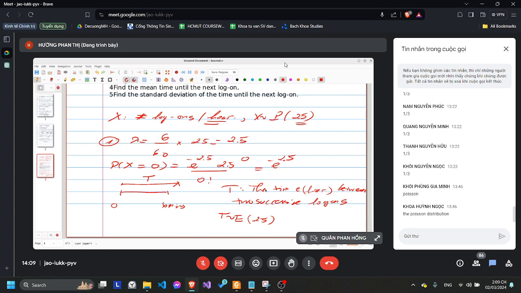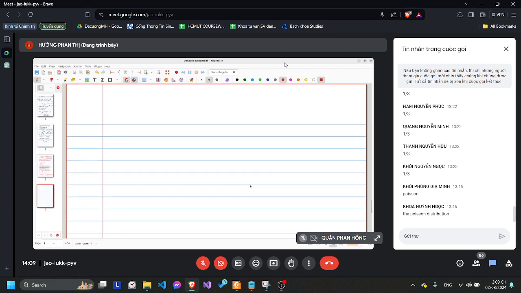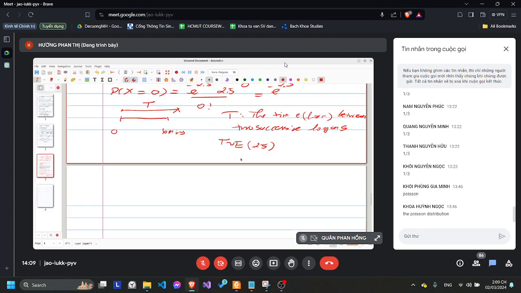Now, T is much greater than 6 minutes, right? The first lock-on must arrive after 6 minutes. So no lock-ons within this interval is equivalent to finding the probability of T greater than 6 minutes, which is 6 over 60 hours.